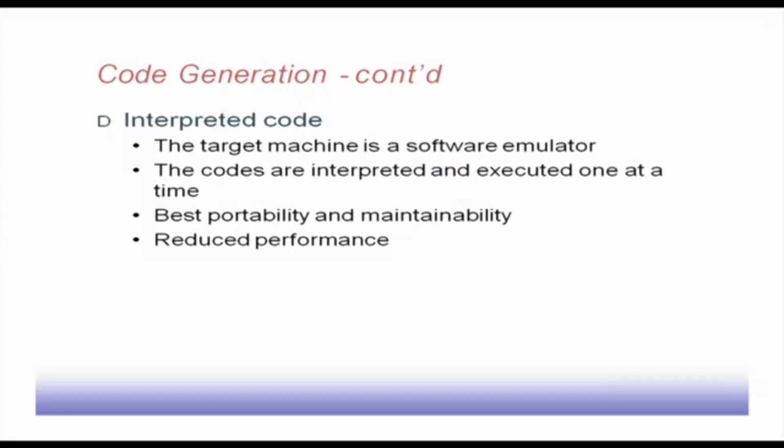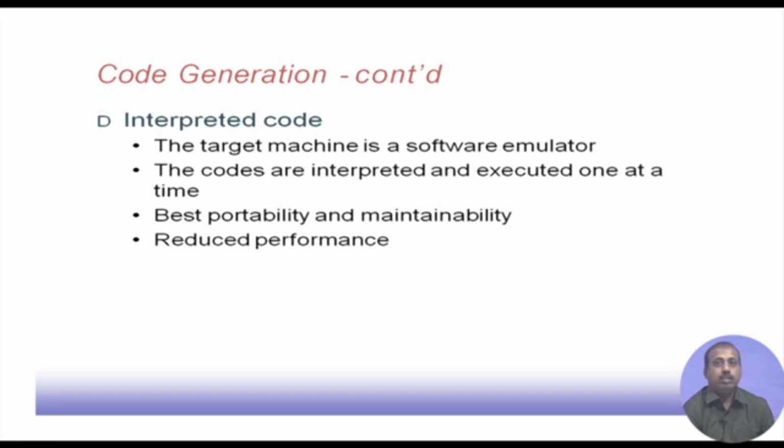Another possibility is to have interpreted code, like languages that have an interpreter. Here the target machine is a software emulator. The codes are interpreted and executed one at a time.